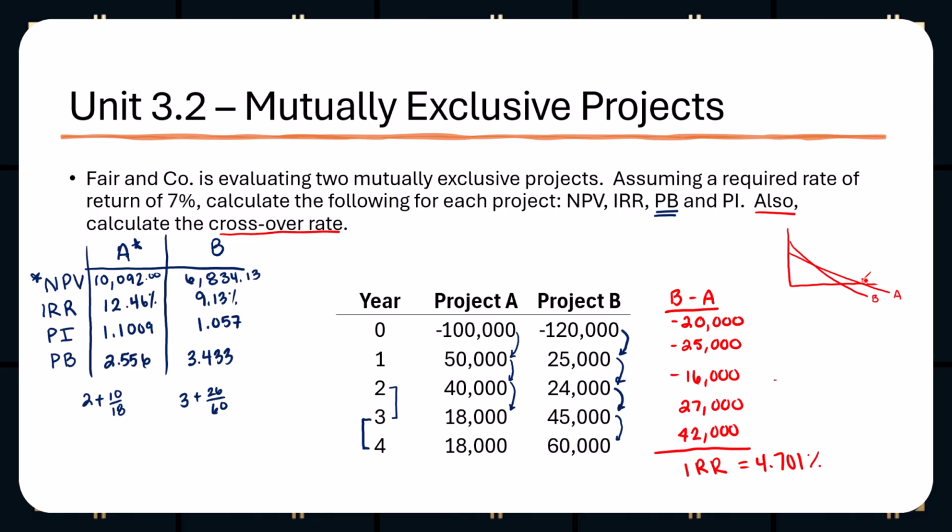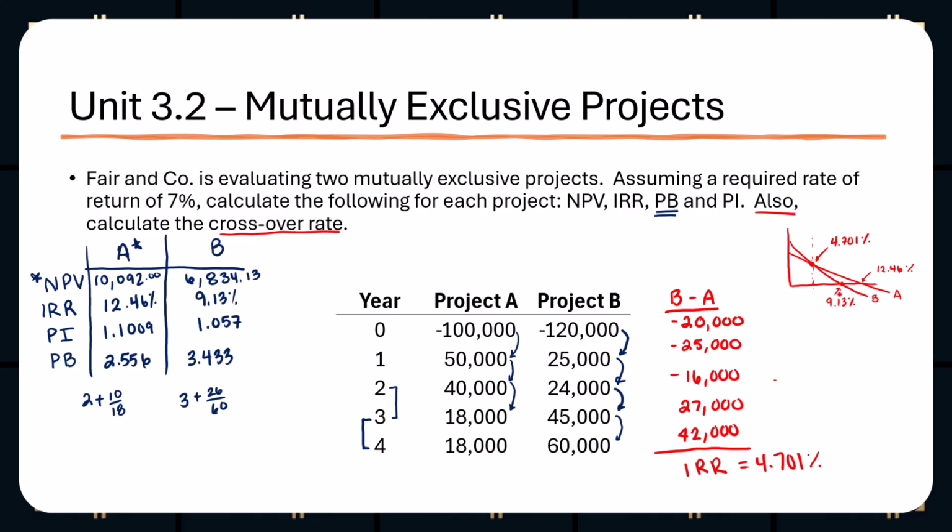I know that the internal rate of return for project A is higher than the internal rate of return for project B, because we know A is 12.46%, we know B is 9.13%. Our profiles have to look something like this, and then we just found that crossover point at 4.701%.